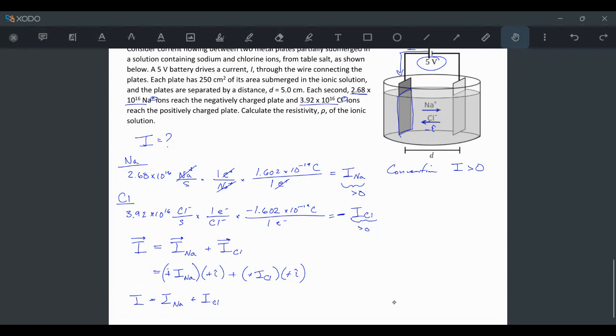I think we have room to finish up on the side here. If you have something that is exhibiting a resistance, that can be attributed to a resistivity and current passing through a certain cross-sectional area over a certain distance. So we have A and we have D from the details of the problem. We're looking for the resistivity.